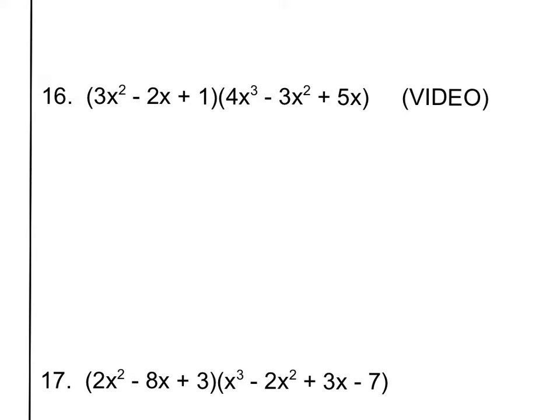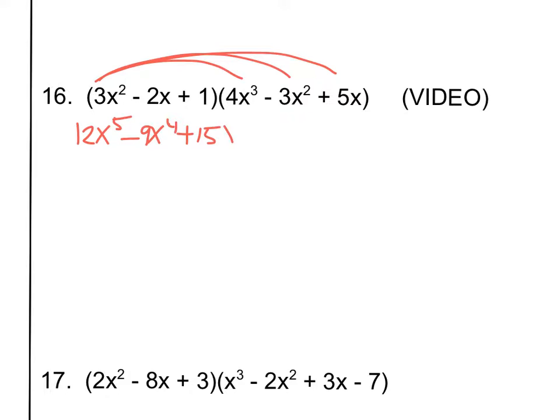For number 16, we can do 3x squared times 4x to the 3rd. It's going to be 12x to the 5th. 3x squared times minus 3x squared is minus 9x to the 4th. 3x squared times 5x is plus 15x to the 3rd.